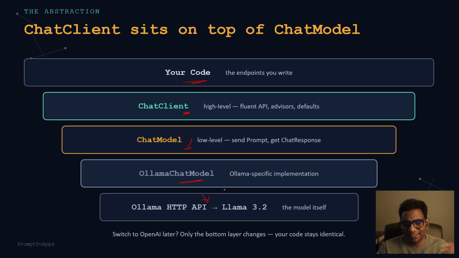So this is the abstraction that Spring AI gives us. If you want to move from a Llama model to GPT models, the switch happens here. You just have a GPT implementation and a GPT model. The rest of your code, no change. There is no change in your application code. So that's the abstraction that Spring AI gives us.